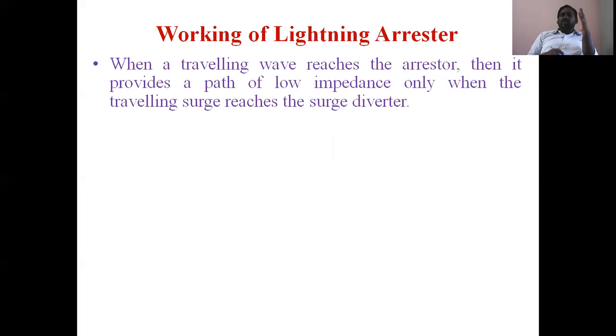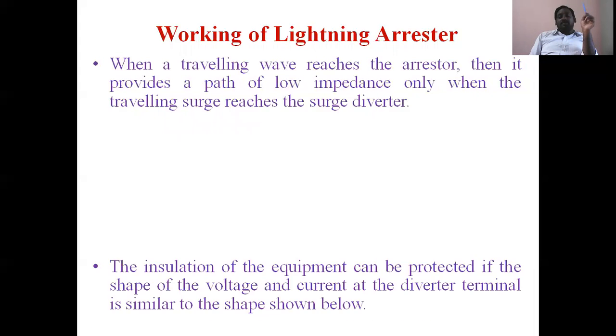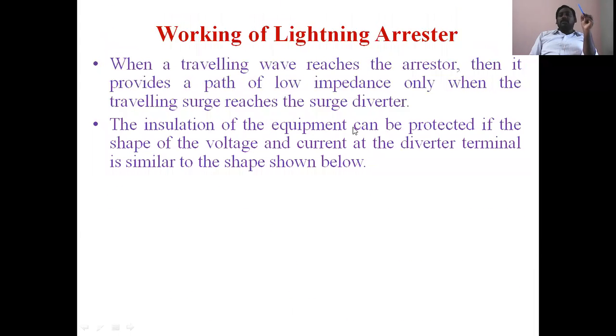Non-linear resistance means when the magnitude of surge increases, it provides low impedance. When the magnitude increases, its impedance is reduced. That's why lightning arrestor is a non-linear resistor. The insulation of the equipment can be protected. The shape of the voltage and current at the diverter terminal is similar to the shape shown in the figure.